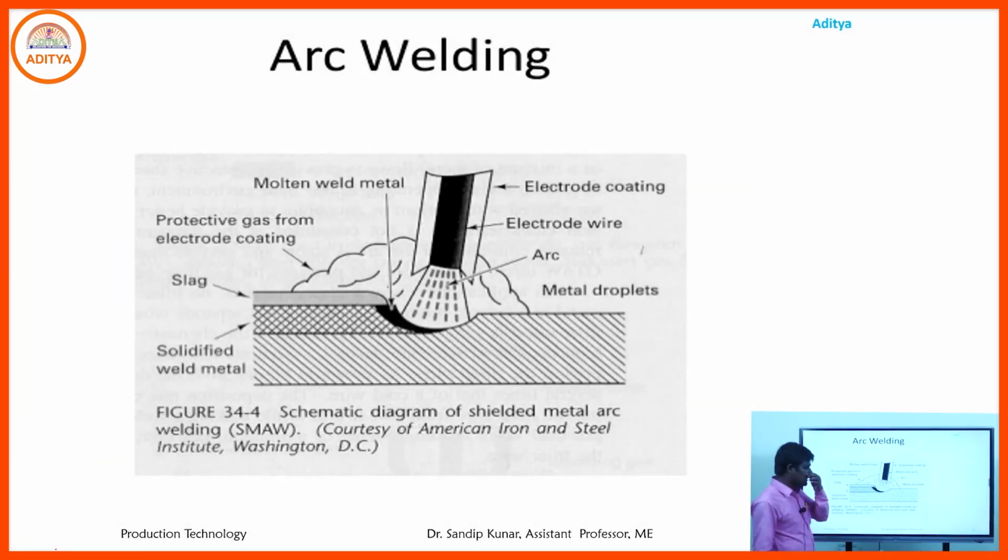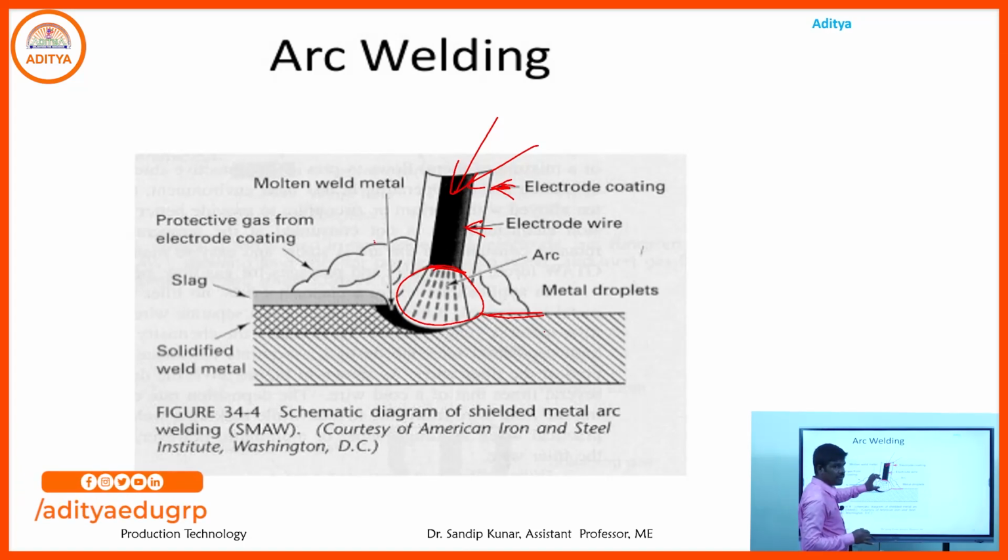In arc welding, what we see is the welding torch, the electrode wire, and the electrode coating on that electrode wire. Then there is the main base metal, and when we provide the power supply, an arc is created between the electrode wire and the base metal.